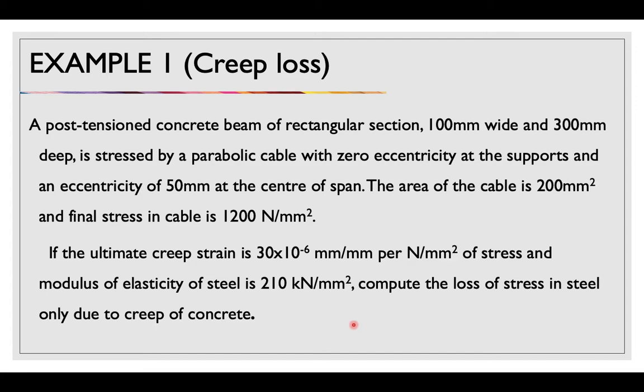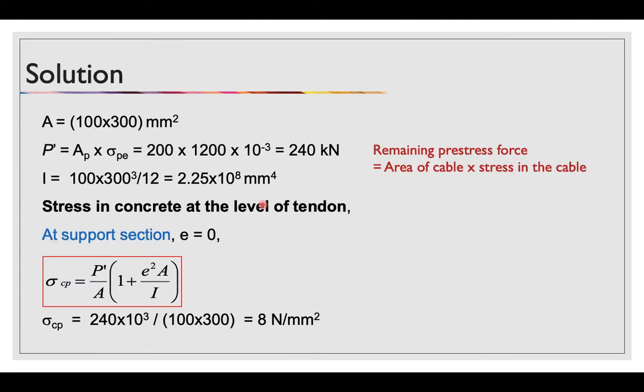So we are given the information on our concrete section, as well as the information on the pre-stressing cable. We are also given the ultimate creep strain and the modulus of elasticity of the steel. This is how we are going to calculate. We have A, which is the area of our concrete.